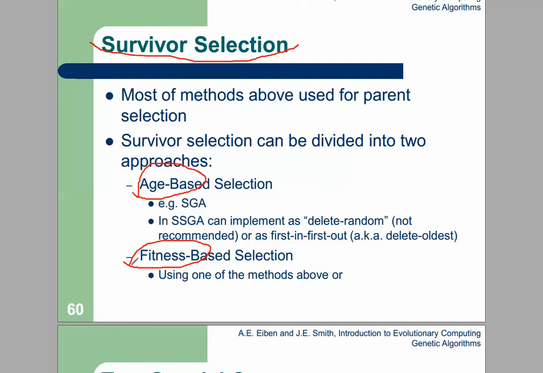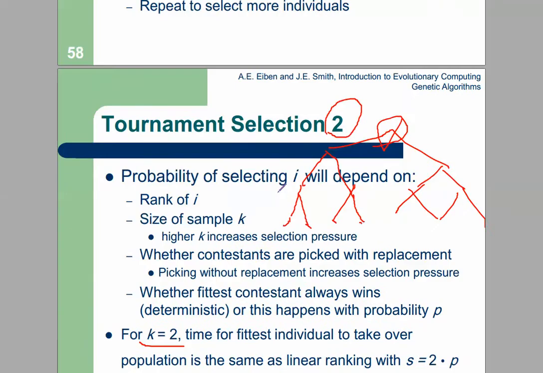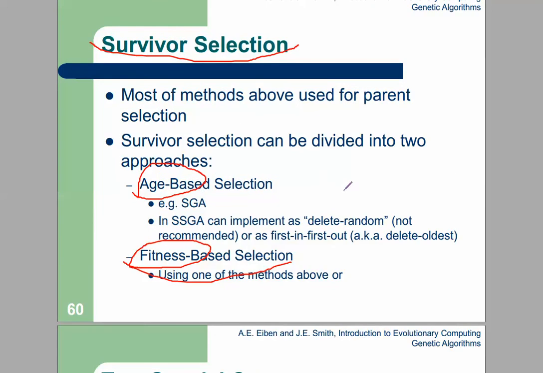But the fitness-based one is like the previous selections, such as FPS, SUS, RWS. We select based on fitness, not based on age. So it may select parents, both parents and offspring, or children.